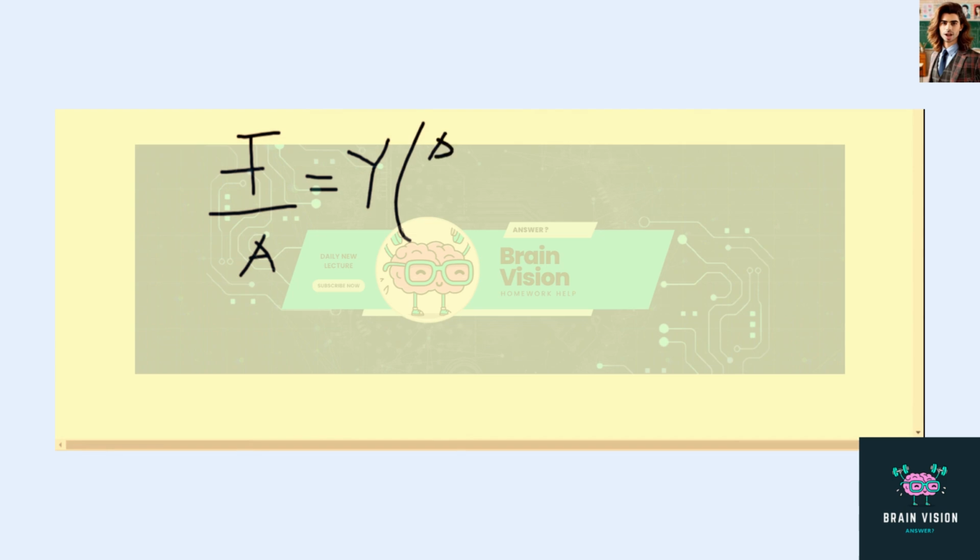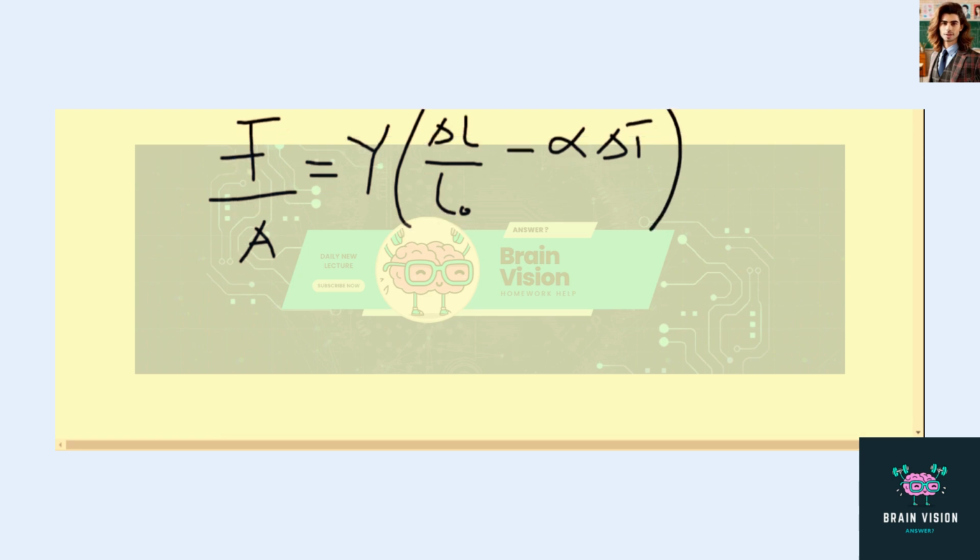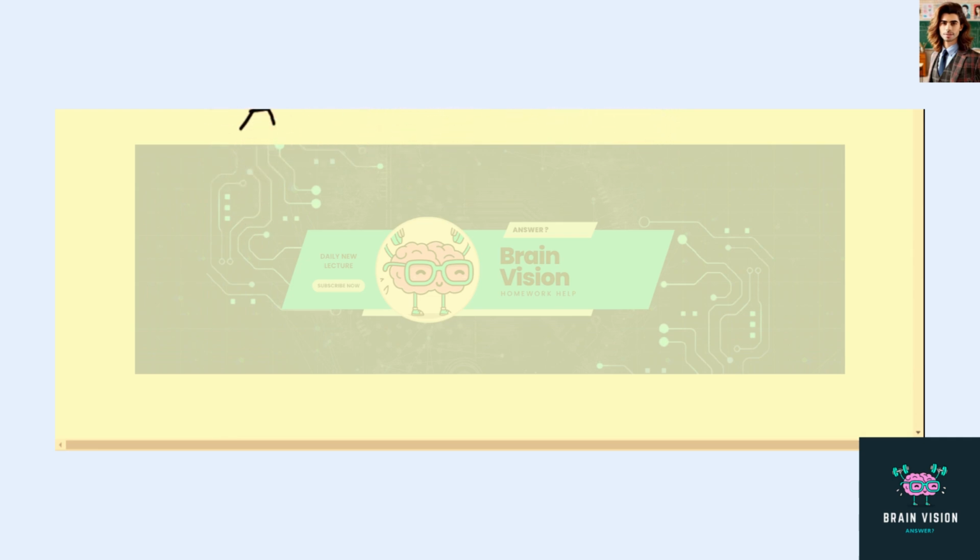So it's equal to Young's modulus into bracket change in length divided by the initial, minus the coefficient multiplied by the change in temperature. Okay, so let's look at how best we can solve this.